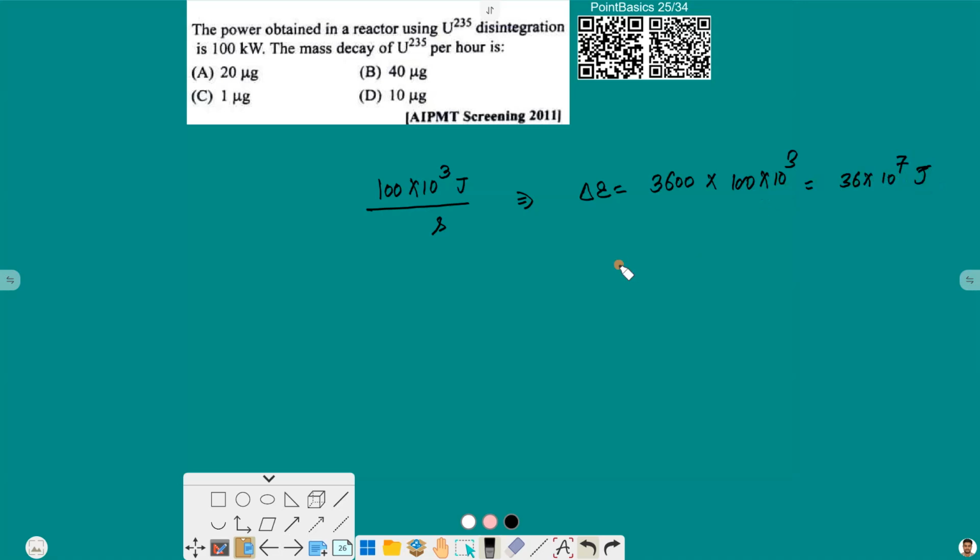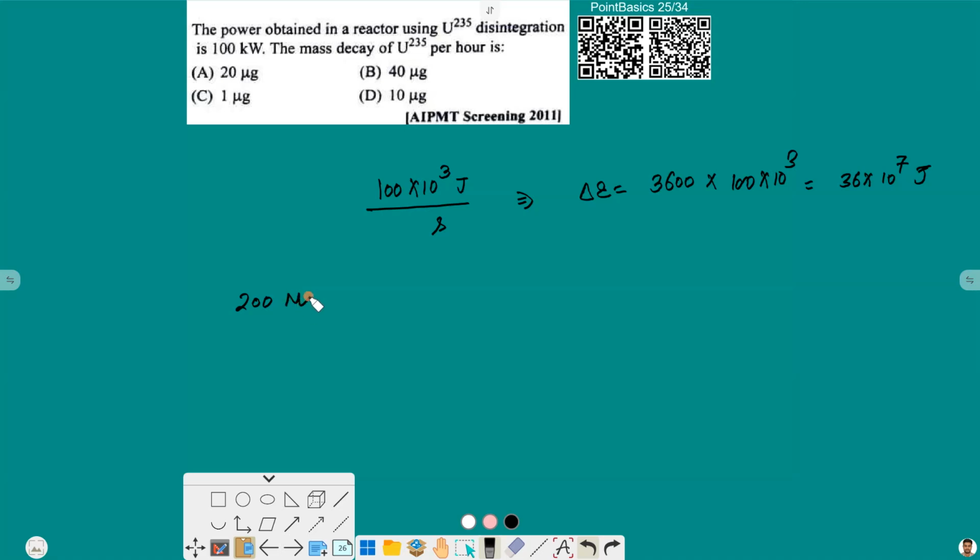So we need to generate that much amount of energy in an hour. Now, there is one more thing that is not specifically mentioned in the question: for uranium-235 decay, the energy produced per fission is 200 MeV.